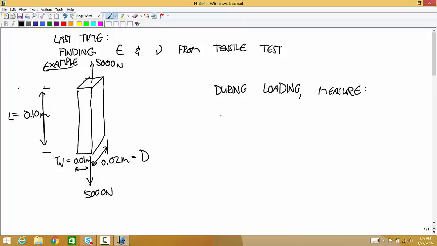During loading, you measure a length of 0.10003 meters, a width of 0.00002 meters. No, I'm missing the 1 in there. And then a depth of, well, let's just do the calculation based on these.